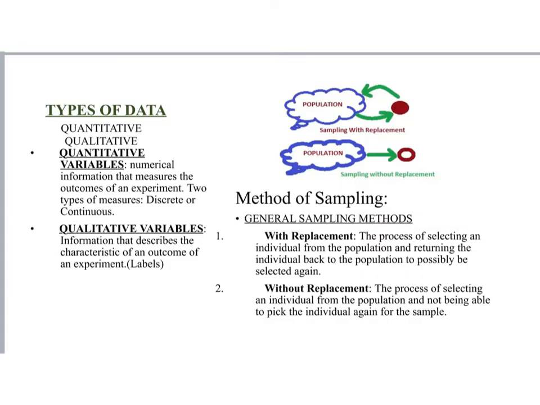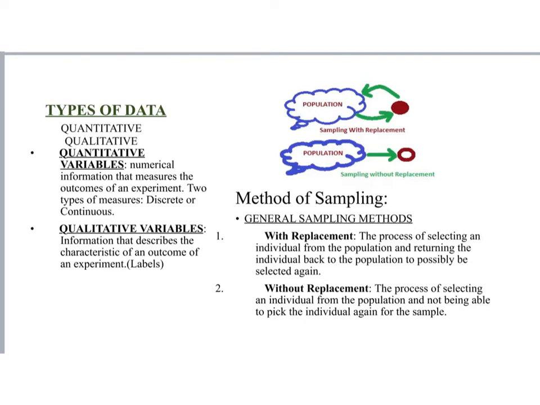In this chapter, we will understand the types of data. We can have a choice of quantitative data or qualitative data. Quantitative variables are numerical information that measures the outcome of an experiment. Two types of measures are discrete or continuous.